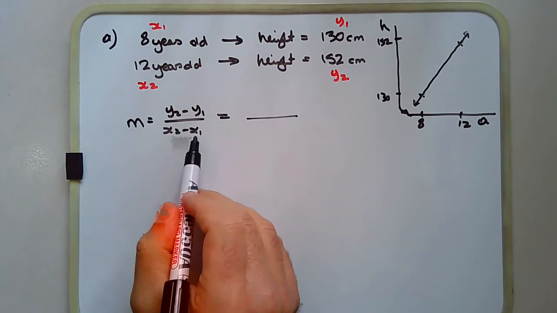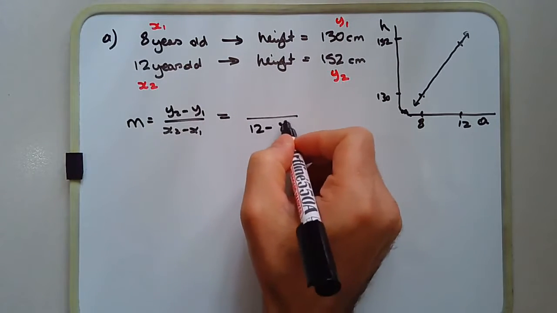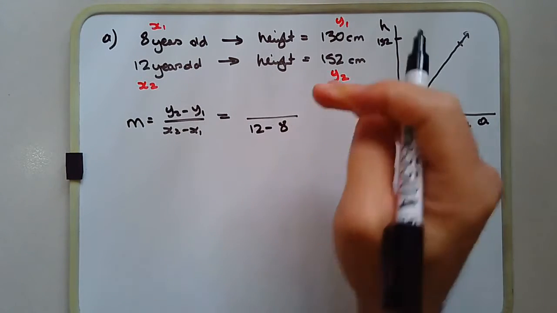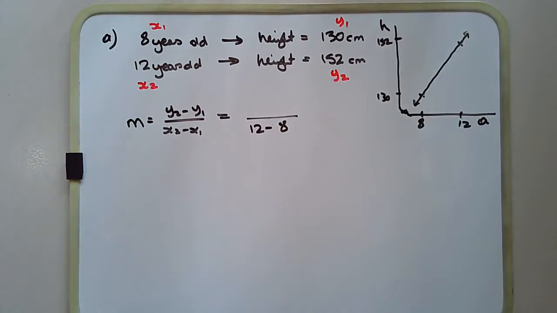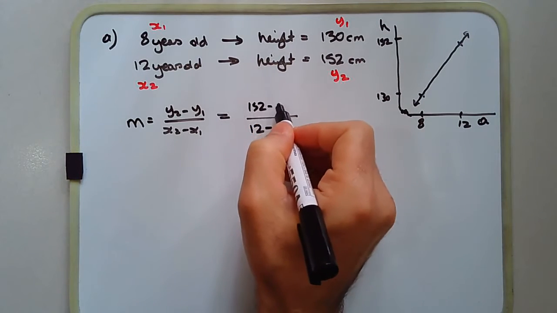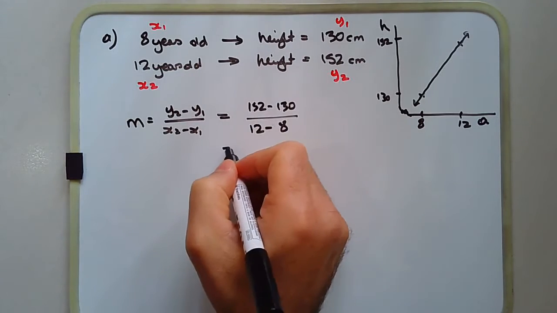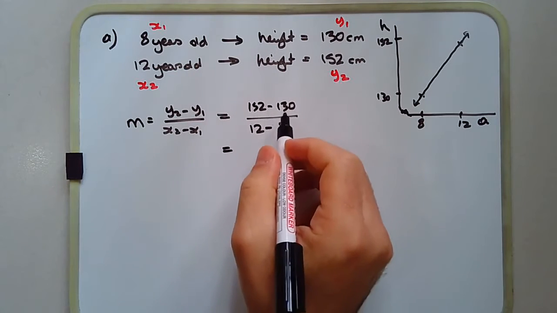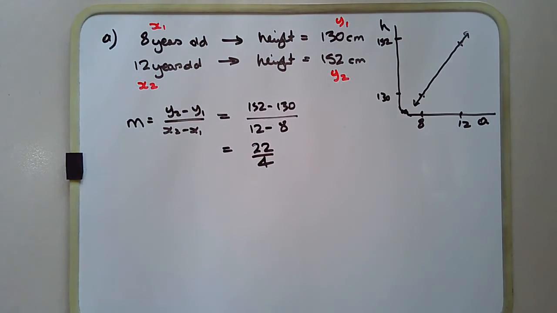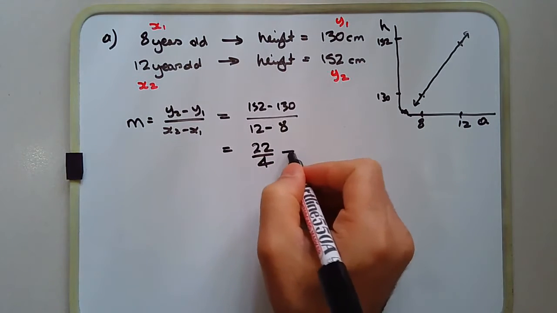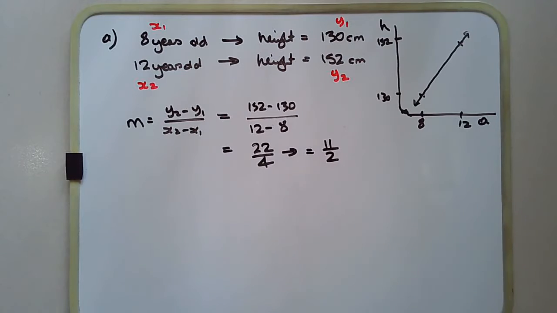Difference in the x values, 12 minus 8, it's going to be 4, because we want the change in height per year. That's what the gradient represents. And what about the change in y? It's going to be 152 minus 130, which is 22 over 4, which is equal to 11 over 2, or 5.5.